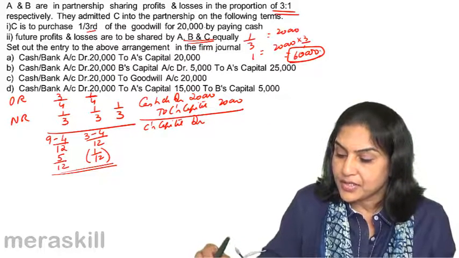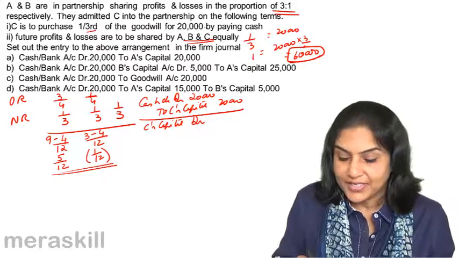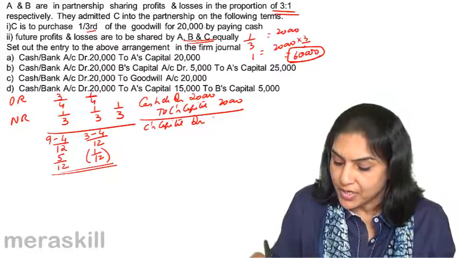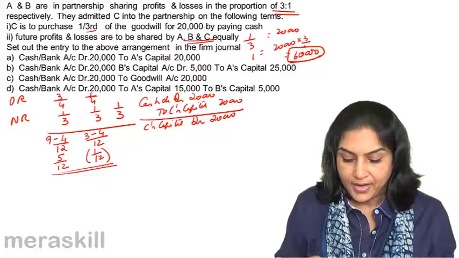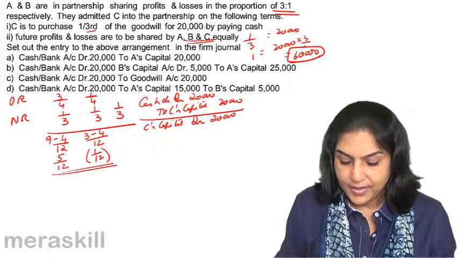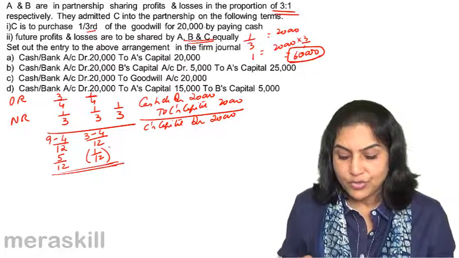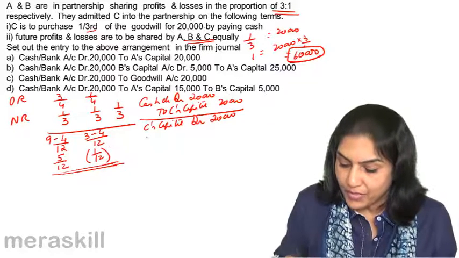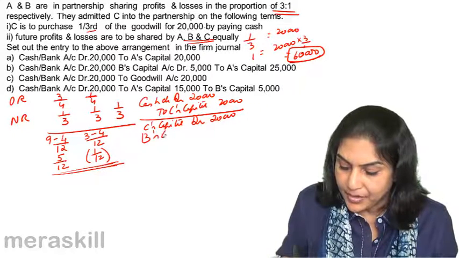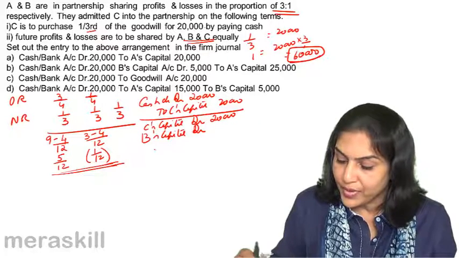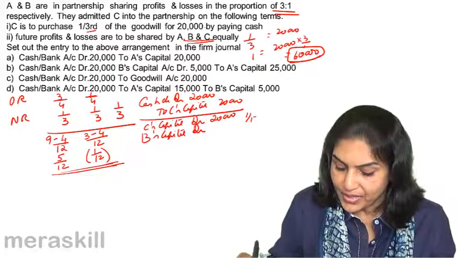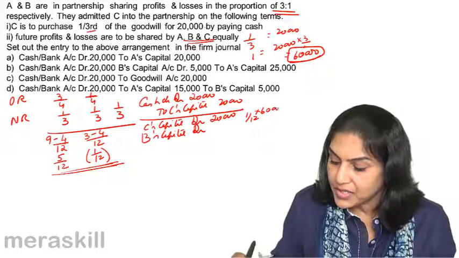So C's capital is debited with his share. That is one-third, which is what he is gaining. One-third of 60,000 is 20,000. Who else is gaining? B is also gaining by 1/12. So it should be B's capital account debit by how much? 1/12 is his gain of 60,000.